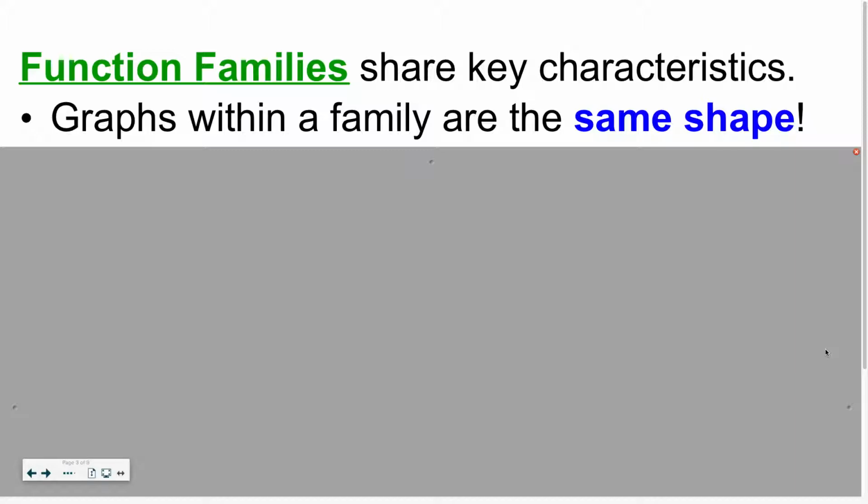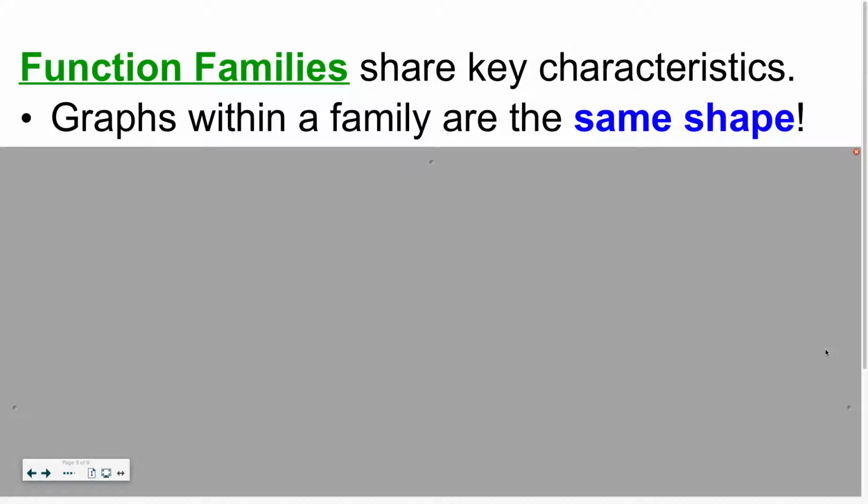So they have some of the characteristics. You might often hear, oh, you look just like your mom, or you look just like your dad. Families share key characteristics. That's true in the function families as well.